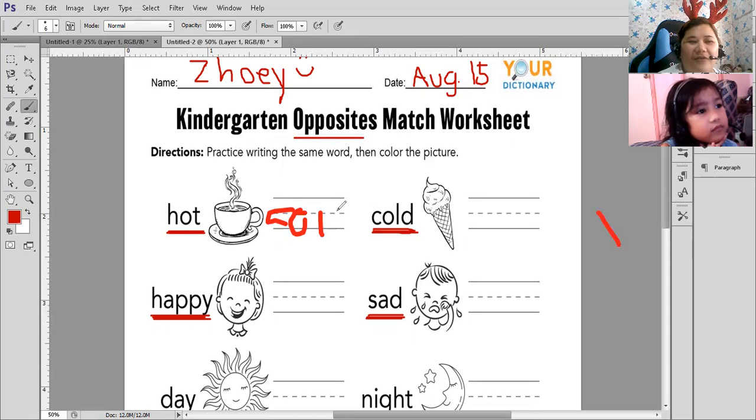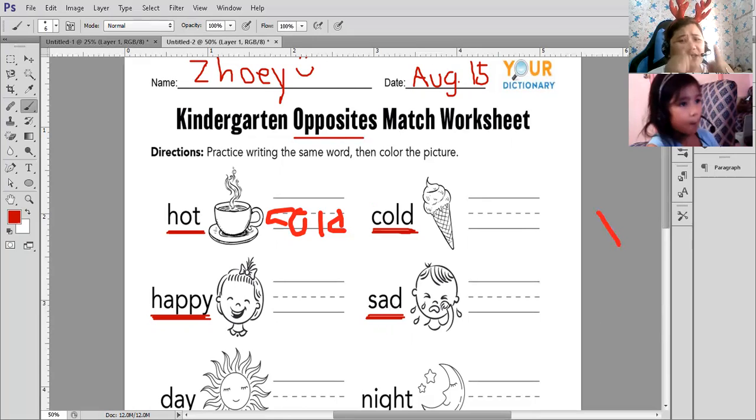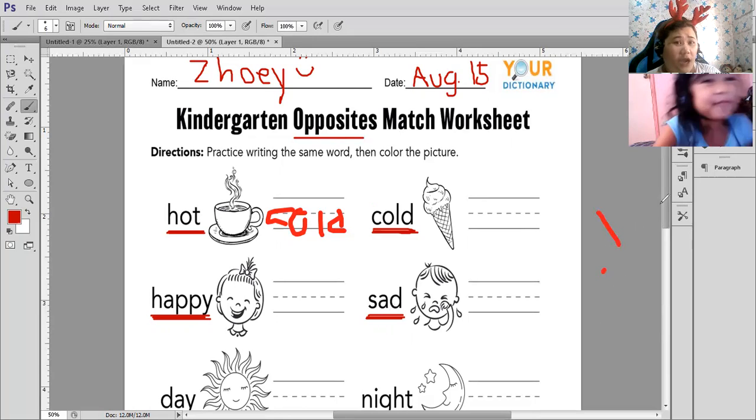Perfect. Very good. How about the cold? What is the opposite of the word cold? Very good. Hot. That's right. Like in the coffee.